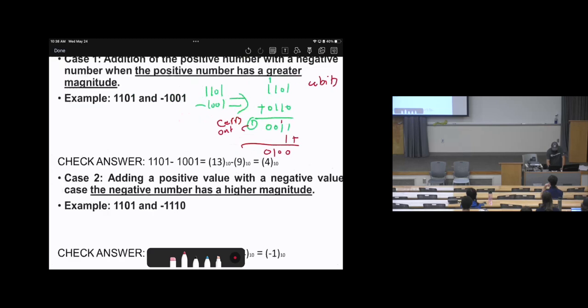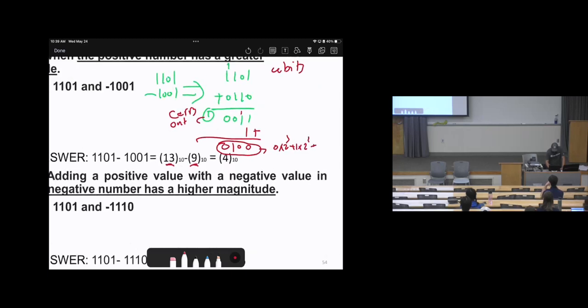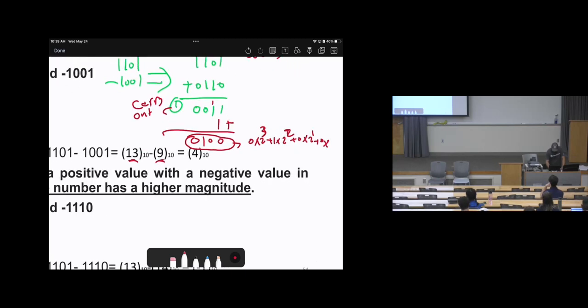How to double check our answer? Actually, 1101 is equivalent to 13. 10001 is equivalent to 9. 13 minus 9 will be 4. Now, is this number 4? Try to convert this number to decimal. This will be 0 times 2 power 3 plus 1 times 2 power 2 plus 0 times 2 power 1 plus 0 times 2 power 0.